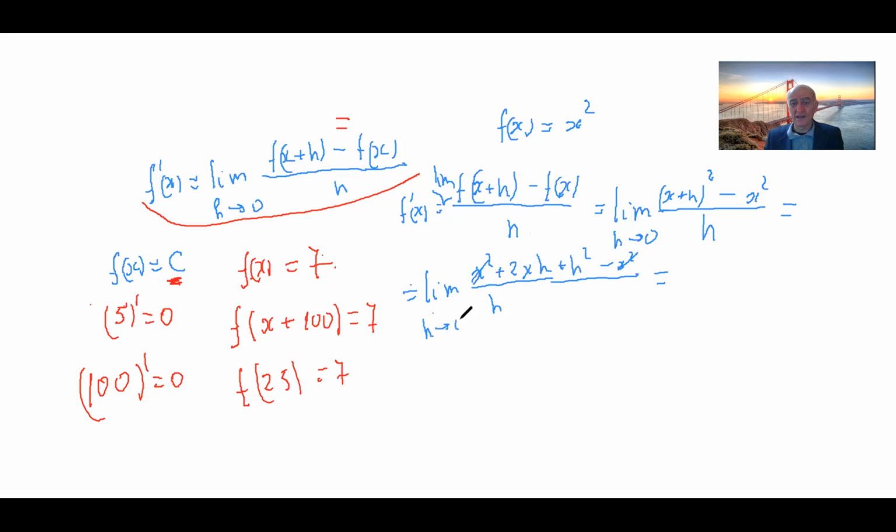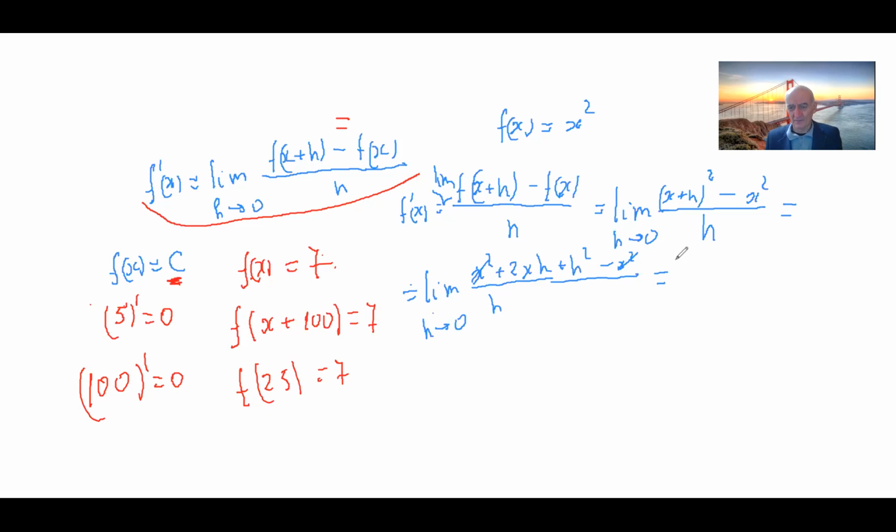We can divide by h definitely, because h approaches 0, but it's not 0. We can't divide by 0, but we can divide by any number which is not 0, even if it's very close to 0.